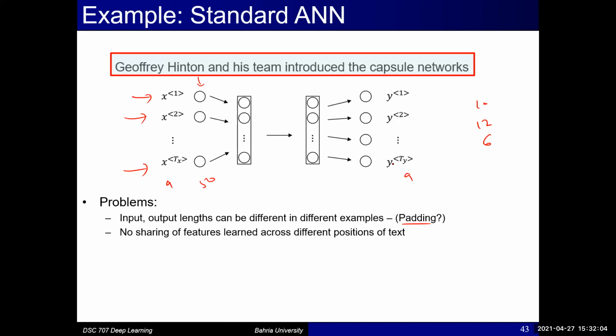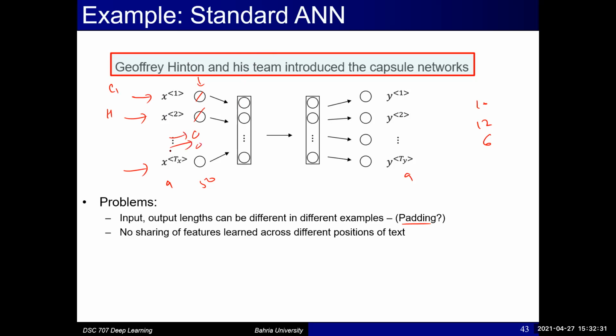But the more serious problem is the sharing of features which are learned. For example, when we say Jeffrey Hinton, you are feeding Jeffrey Hinton on neurons 1 and 2. Now someone else rephrases this and writes it in the passive voice, right? That capsule networks were introduced by Jeffrey Hinton and his team. So now these two words will come somewhere else, because you have changed the order of the words.